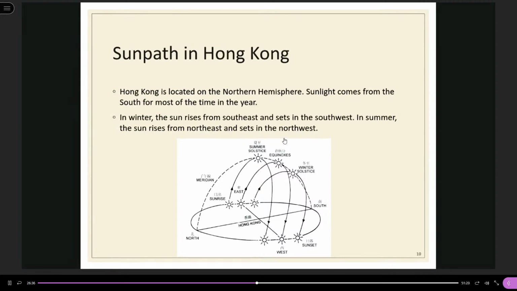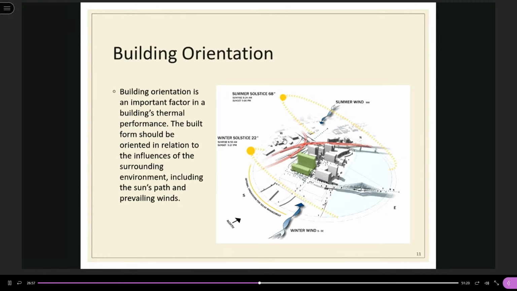For the south direction, we may also use overhangs to block the sunlight coming from a high angle. And usually in the summer, the sunlight will come at a higher angle, so higher elevation.